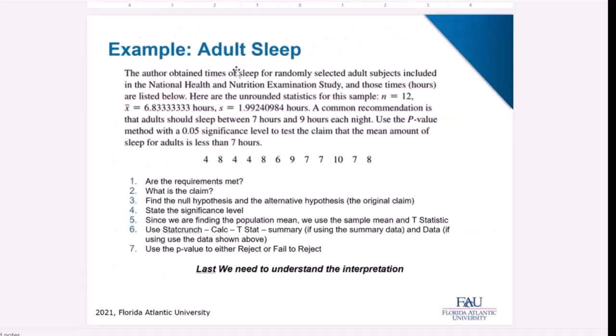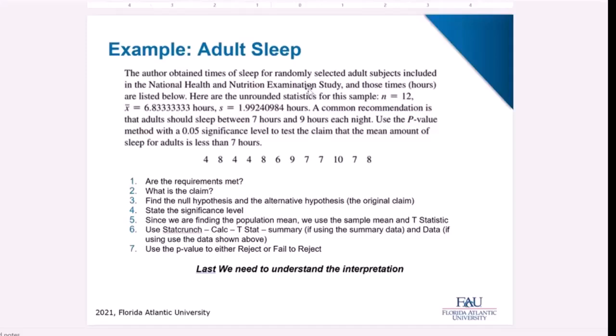We have an example. An author obtained times of sleep for randomly selected adult subjects included in the National Health and Nutrition Examination Study. Those times in hours are listed below. Here are the unrounded statistics for this sample, N equals 12.